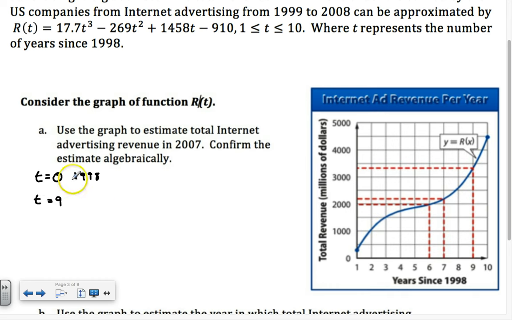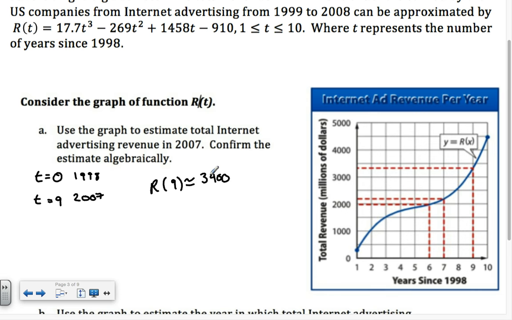So t equals 9 is going to be 2007. I go over to my graph, go to t equals 9 and trace it up, and I see that it's somewhere between 3,000 and 3,500, and it looks kind of close to 3,500. So I can say that R(9) is approximately 3,400.